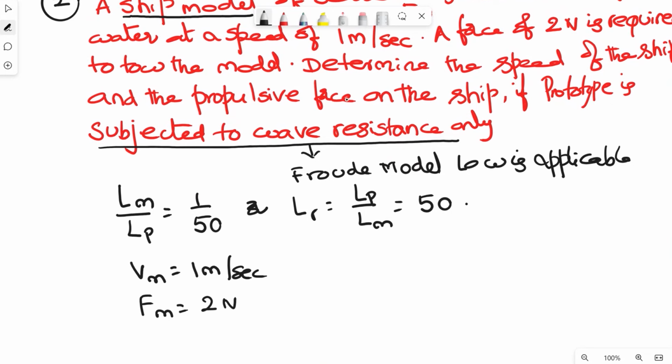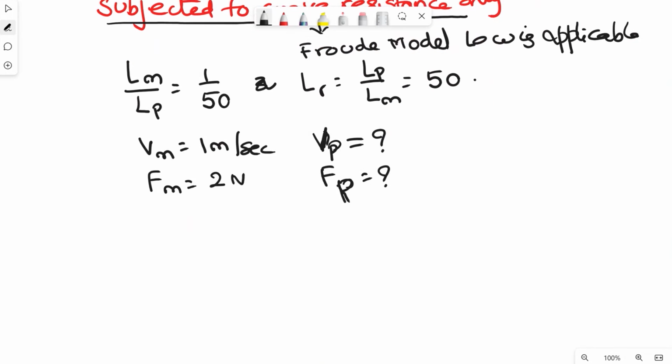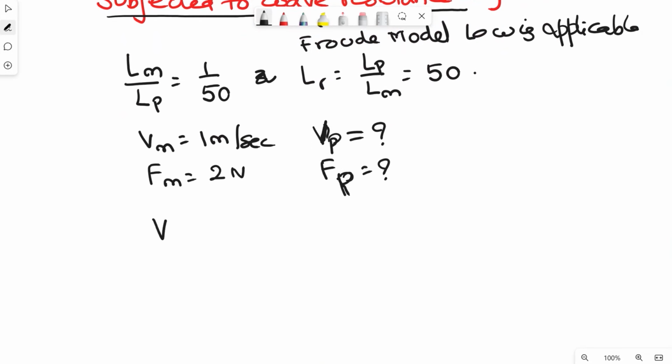What he wants is to determine the speed of the ship, that is Vp, and Fp. These are the two questions that you have. So let us take it. What is Vp by Vm as per Froude's model law? It is root Lr, so root of 50.